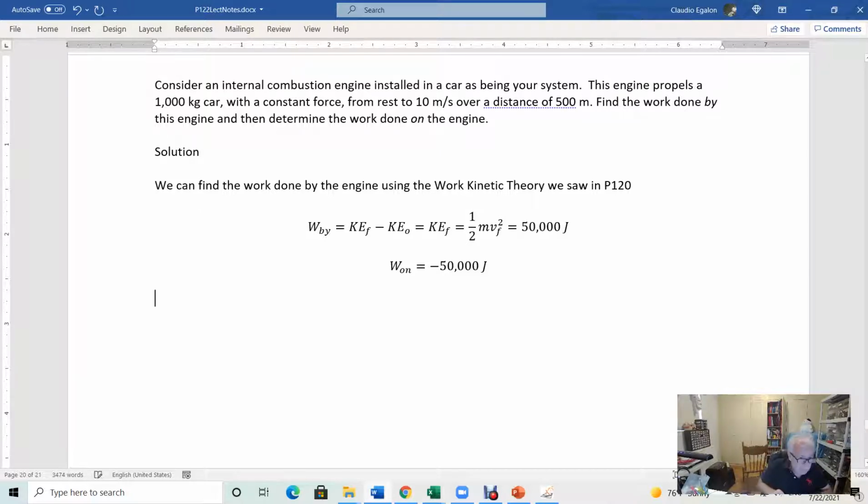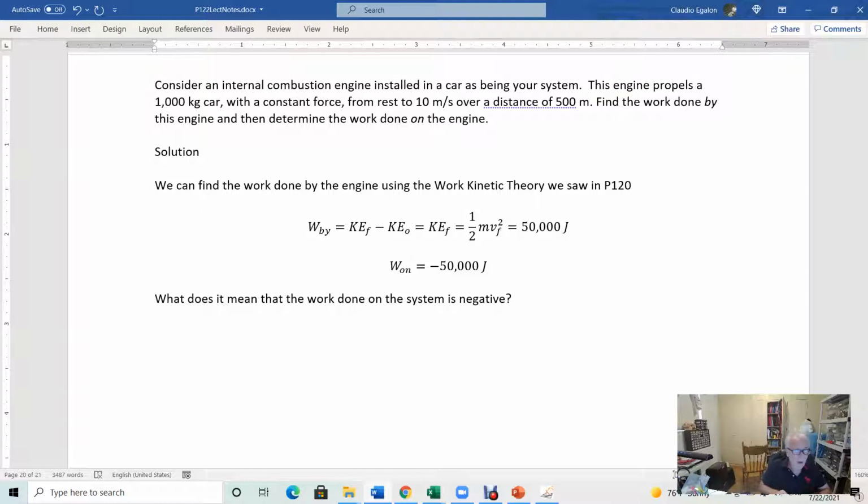So what does it mean that the work done on the system is negative? You've got to start thinking about the interpretation of what you see in there.